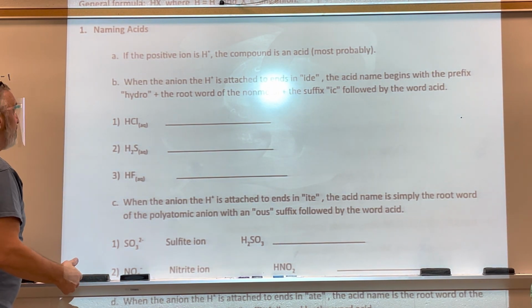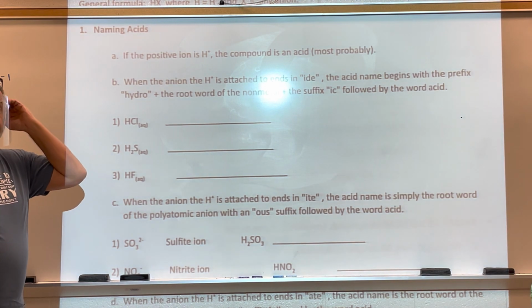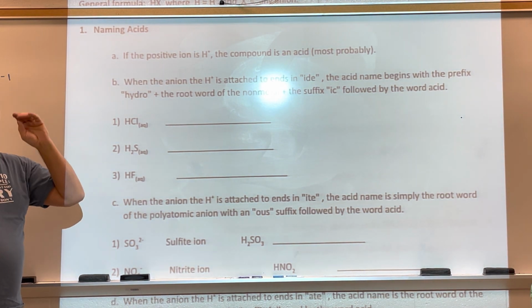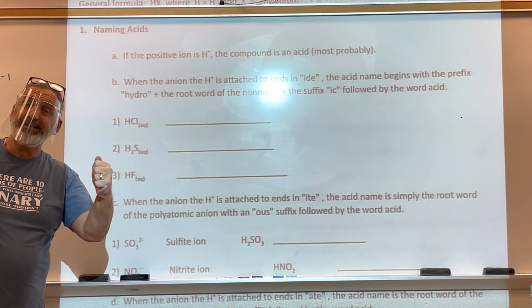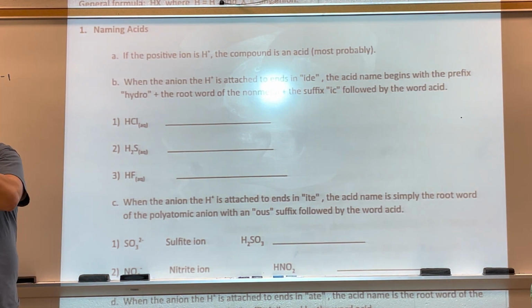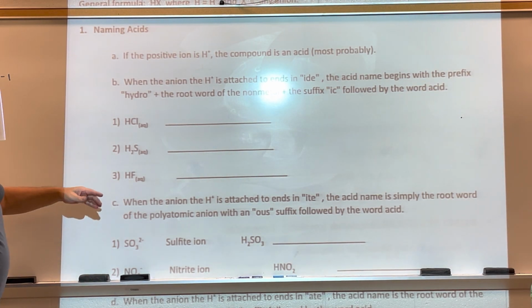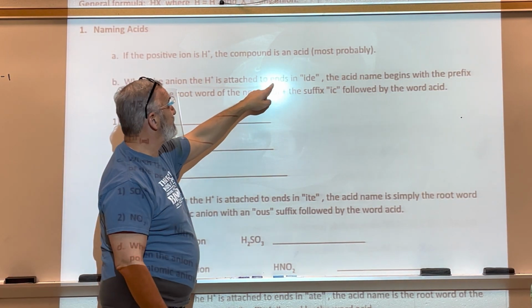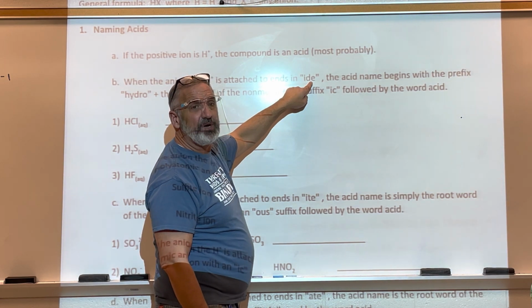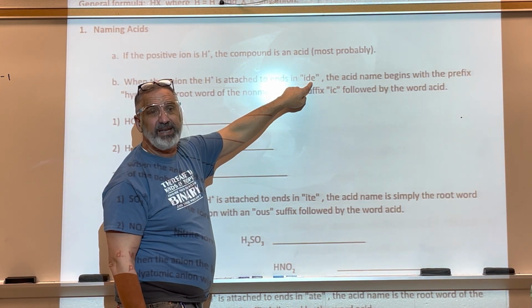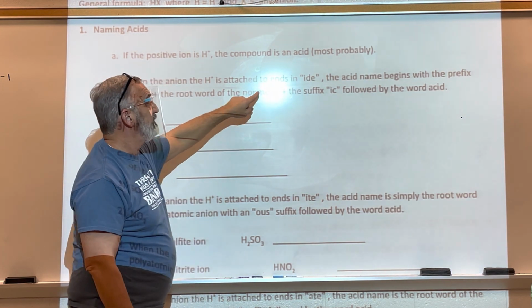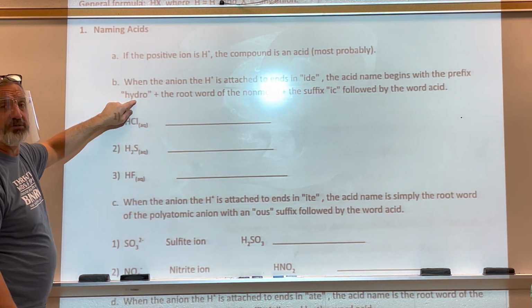Okay? And if you look on your flow chart, you'll see over on the top right, the ion, and then you'll see the root word of the acid, and then the suffix that we're going to put. Okay? So if the anion H is attached to an ide ion, a chloride, a bromide, a fluoride, a sulfide, a nitride, any ide ion, the name begins with hydro.